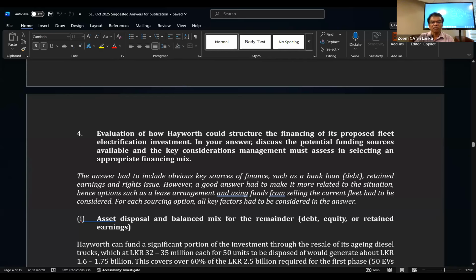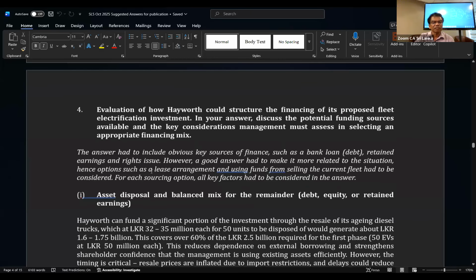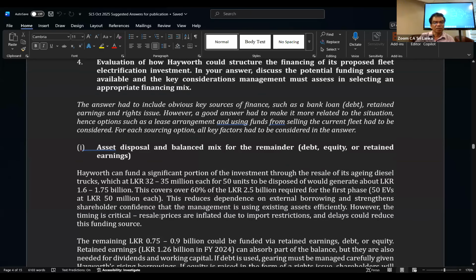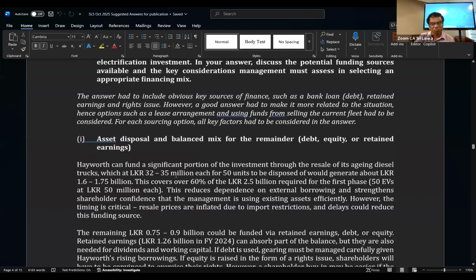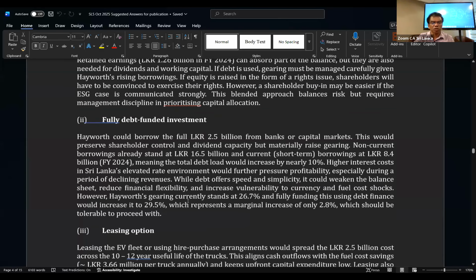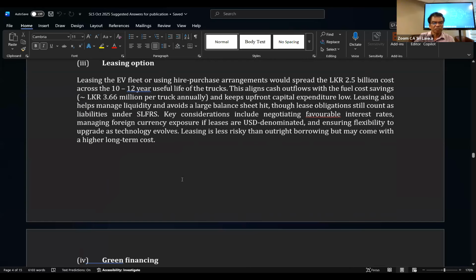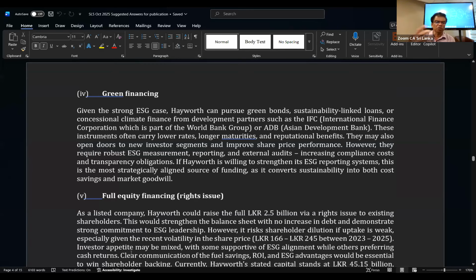In your answer, discuss the potential funding sources available and the key considerations management must assess in selecting a financing approach and financing mix. So then you must have the asset disposal balance mix for that. This is just the answer. I didn't have the idea about the question and the facts on that. I just took a few to explain to you.